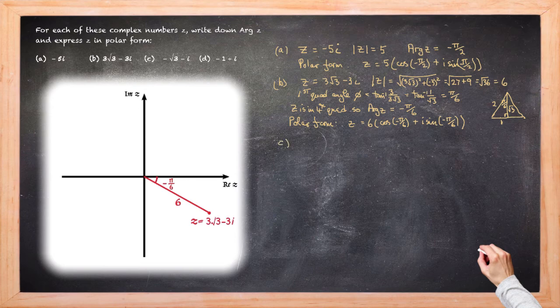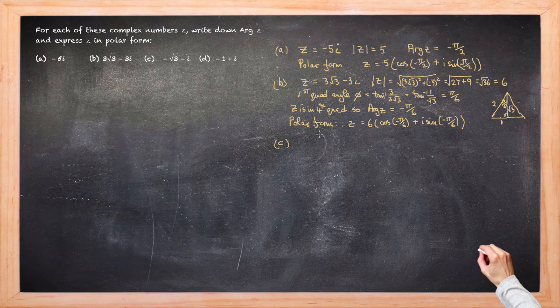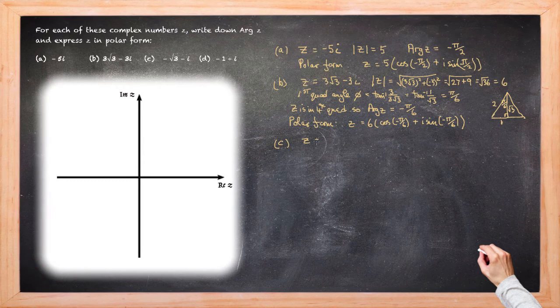So part C. Here we have a complex number negative root 3 minus i. Real part is negative root 3. Imaginary part is negative 1. So let's calculate its modulus.